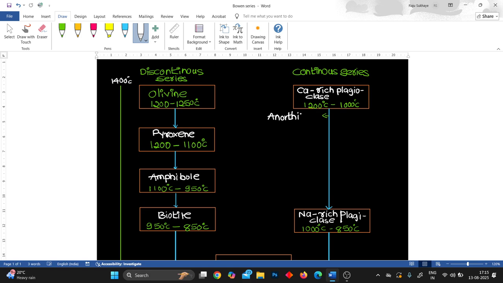After anorthite, the next mineral that is going to form is bytownite. After bytownite, the next mineral that is going to form is labradorite.